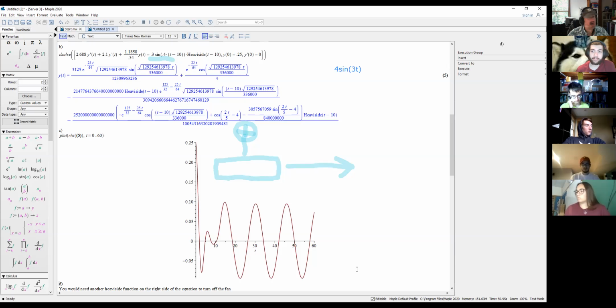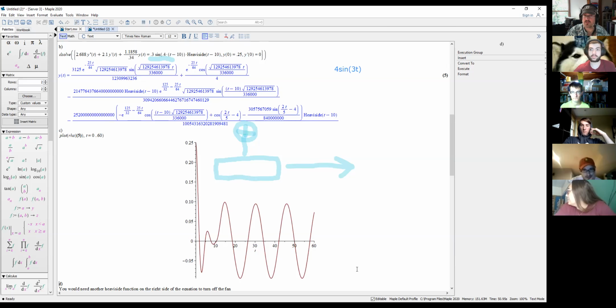The way it's written, on purpose, there's no way to know for certain whether that t in the forcing function that I give you is time from the beginning of the problem or time from when the switch turns on for the fan. On purpose, I did this because I wanted to have this discussion during the classwork. And so when I said earlier, what could I have done? How could I have rephrased things to give you a little bit more of a hint as to, oh, the fan is off, but it's perpendicular.